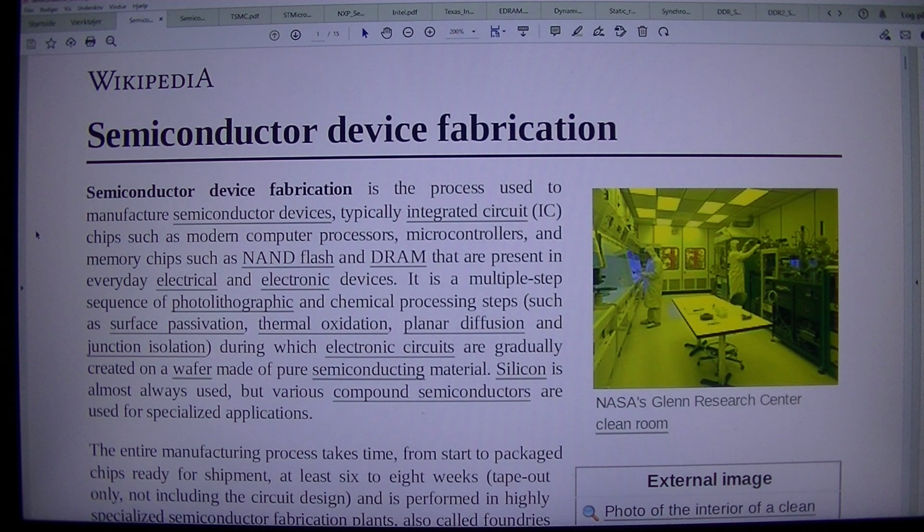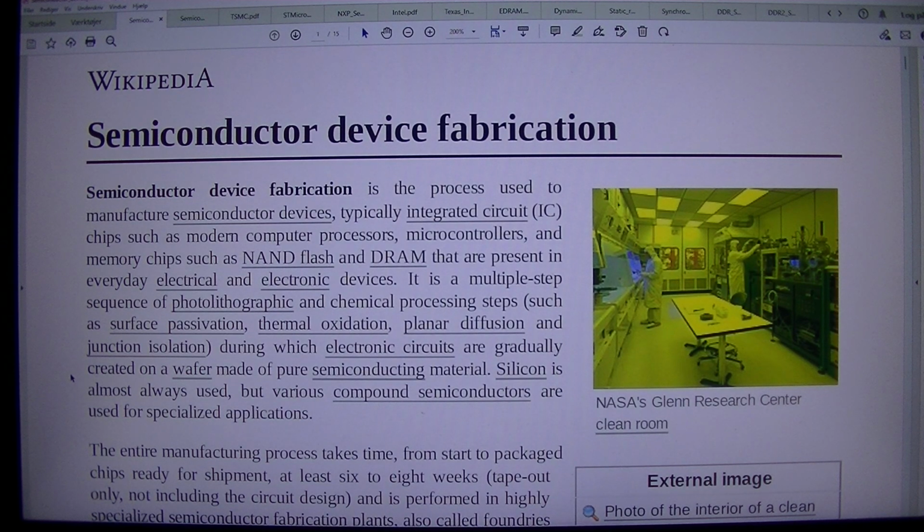It is a multiple-step sequence of photolithographic and chemical processing steps, such as surface passivation, thermal oxidation, planar diffusion and junction isolation, during which electronic circuits are gradually created on a wafer made of pure semiconducting material. Silicon is almost always used, but various compound semiconductors are used for specialized applications.